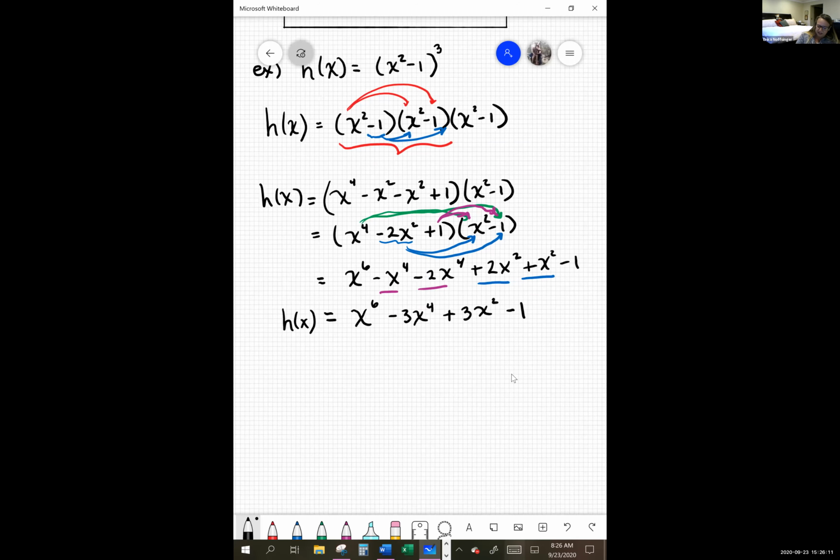Now we can find h prime of x. Bring our power down front. X, take our power and subtract 1. Minus 3, bring our power down front. X to the fourth and then subtract 1. Plus 3, bring our power down front, which is 2. X to the second minus 1.